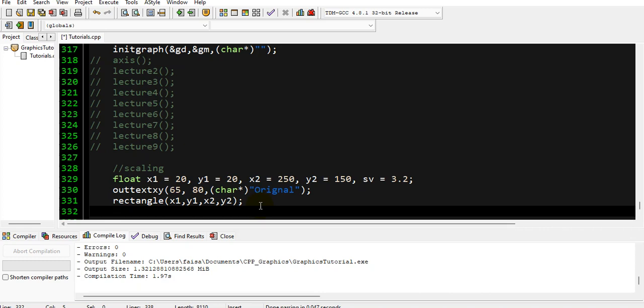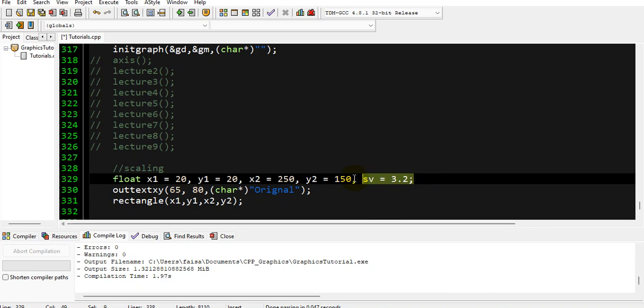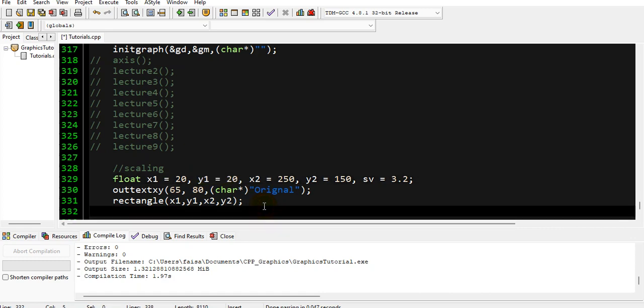For scaling you have to multiply your scaling value with each x and y value of your rectangle, right? After that we will get our scaled shape.